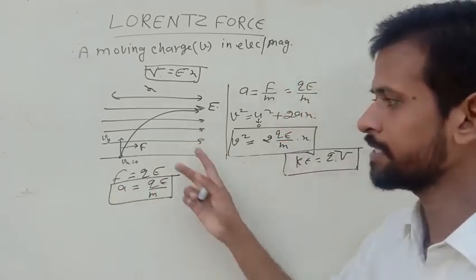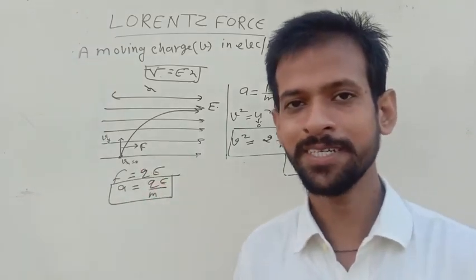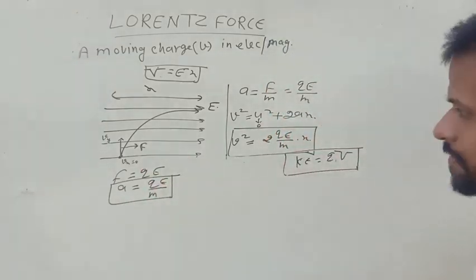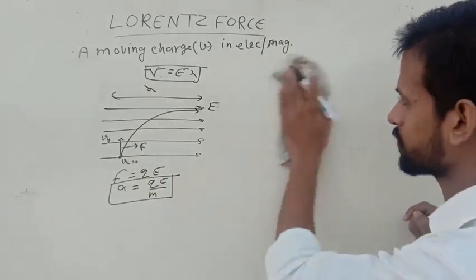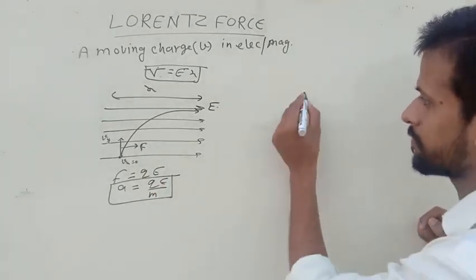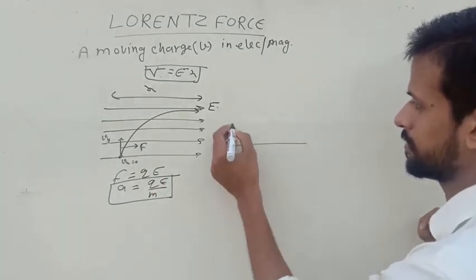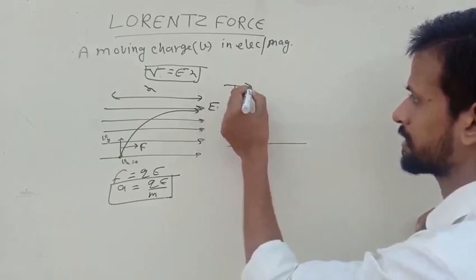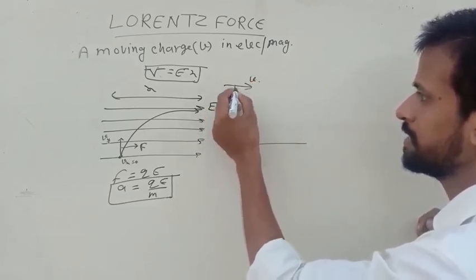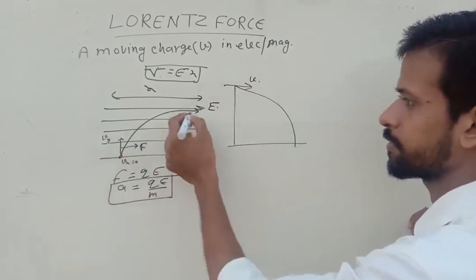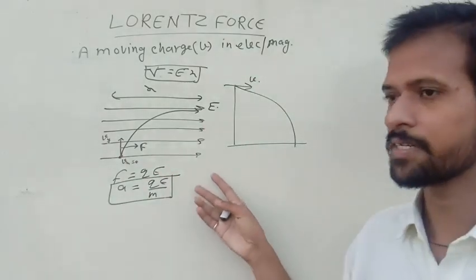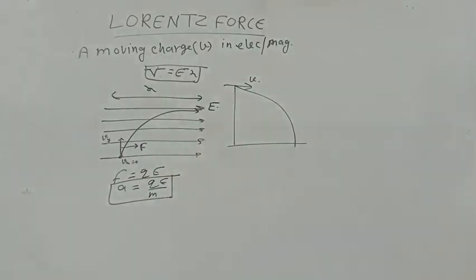Now this is the projectile motion that we have studied in class 11th. It's a motion much similar to this. If the object is thrown with velocity v, it goes like this. So for this we can prove that this motion is the projectile motion.